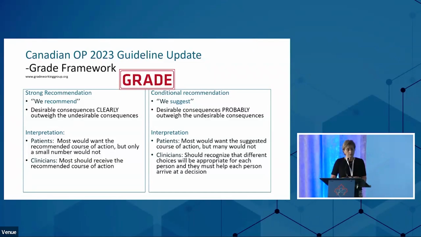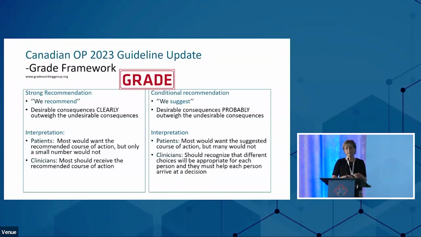In the GRADE process, you have either a strong recommendation or a conditional recommendation. We understand that this vocabulary may seem complicated for nothing, but there's a big difference between we recommend and we suggest. Recommend is a stronger recommendation. It says that most people would do that, most clinicians would do this, and most patients would agree with this.